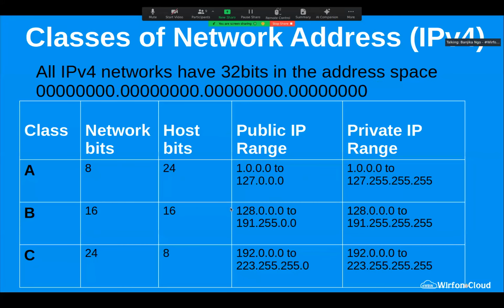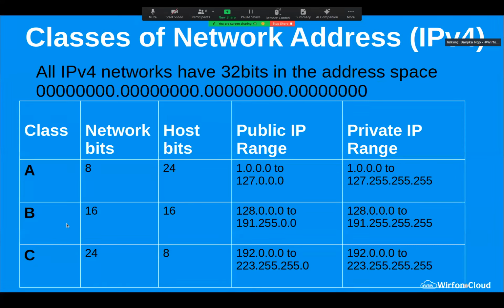Of course, you have different classes of addresses. The way it is designed, you have class A, and you can always know how different these classes are based on the bits that are associated to the network and the bits that are associated to the host. Class A addresses will always have the network bits in the first 8, and the remaining 24 will belong to the host.